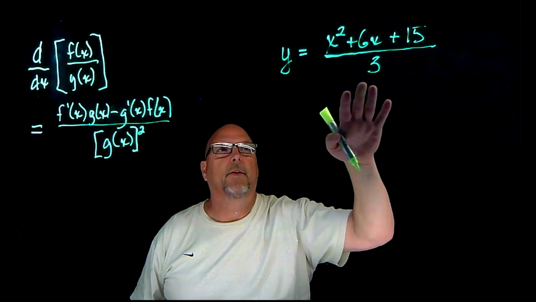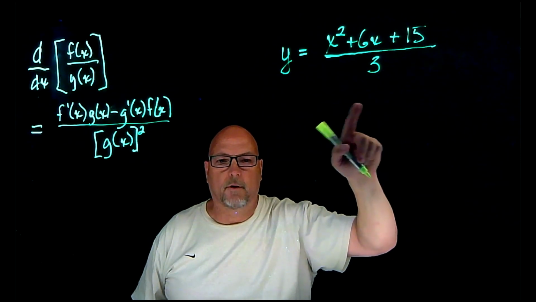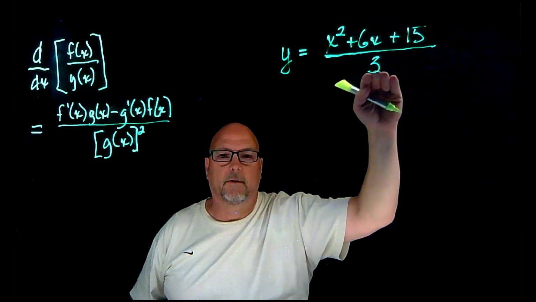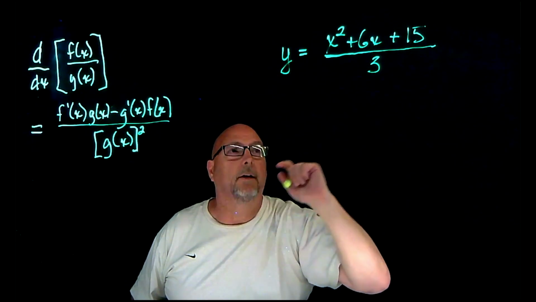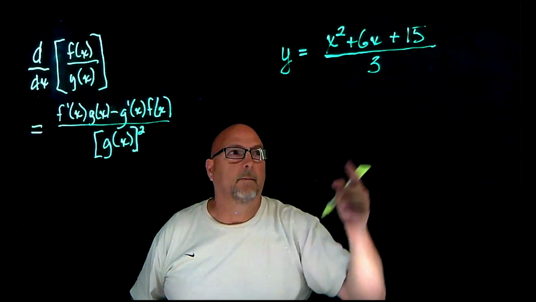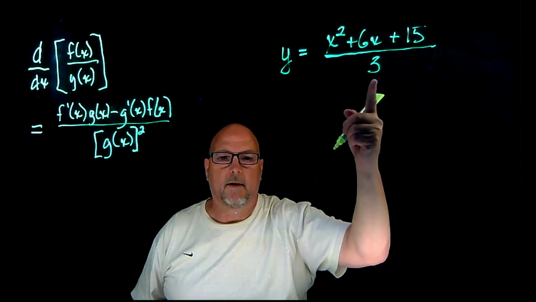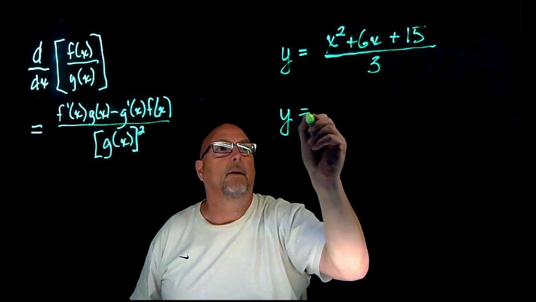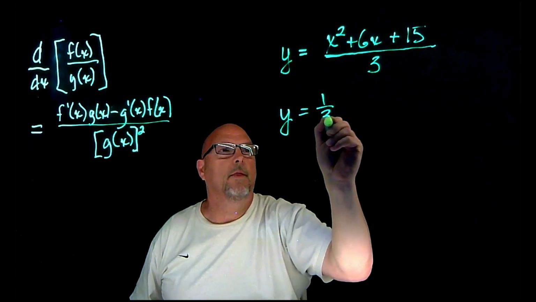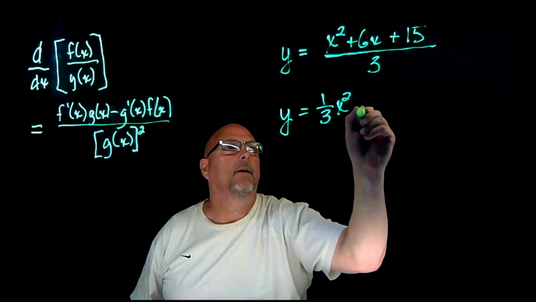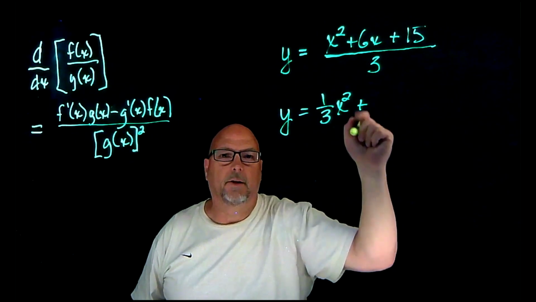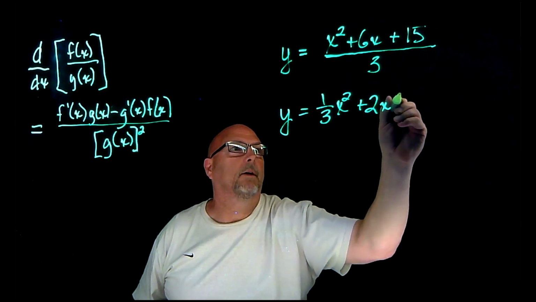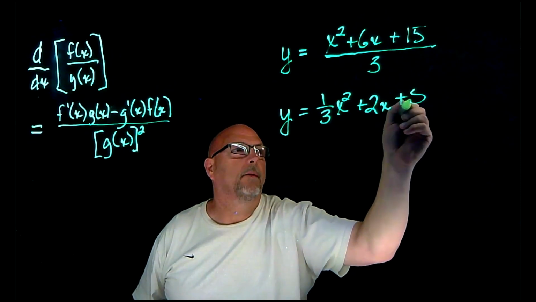All right, here's another one that's a little bit of a trick question. Could we use the quotient rule to take the derivative of this? Yeah, we could. But because you're just dividing by a number, it might be easier to write this as 1/3 x squared plus 6 divided by 3 is 2, and 15 divided by 3 is 5.